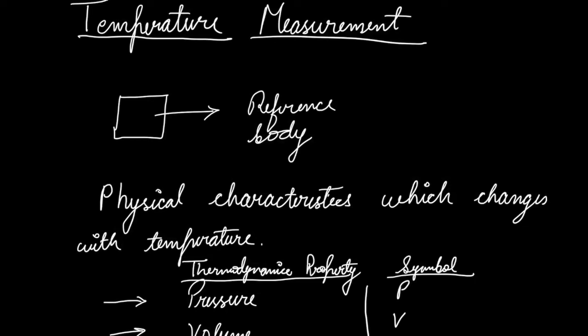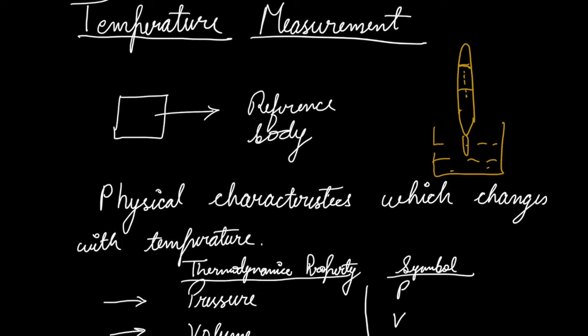And then we see, is there any physical characteristic which is changing with change in temperature? What that means is, let's say there is a thermometer, which is a mercury thermometer. The mercury is filled in this thermometer, and then I made it in contact with hot water. Now, when it went in contact with the hot water, the mercury level rose.